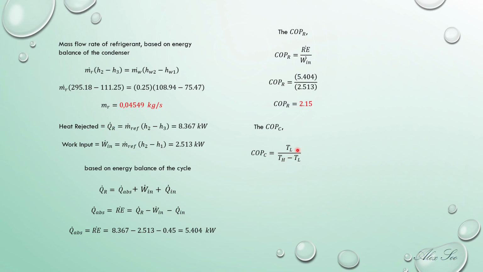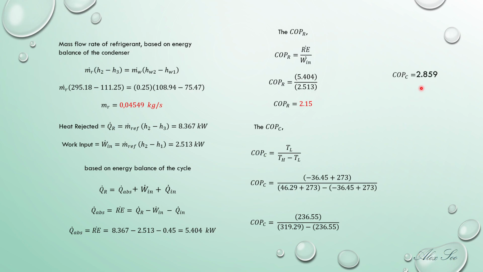The TL and TH are taken with respect to the saturation temperature at the evaporator pressure and at the condenser pressure. By putting it in, you will find the COP maximum, that is 2.859. Compared to this, you can see that for the reverse Carnot cycle, the COP should be higher than the actual simple vapor compression cycle.